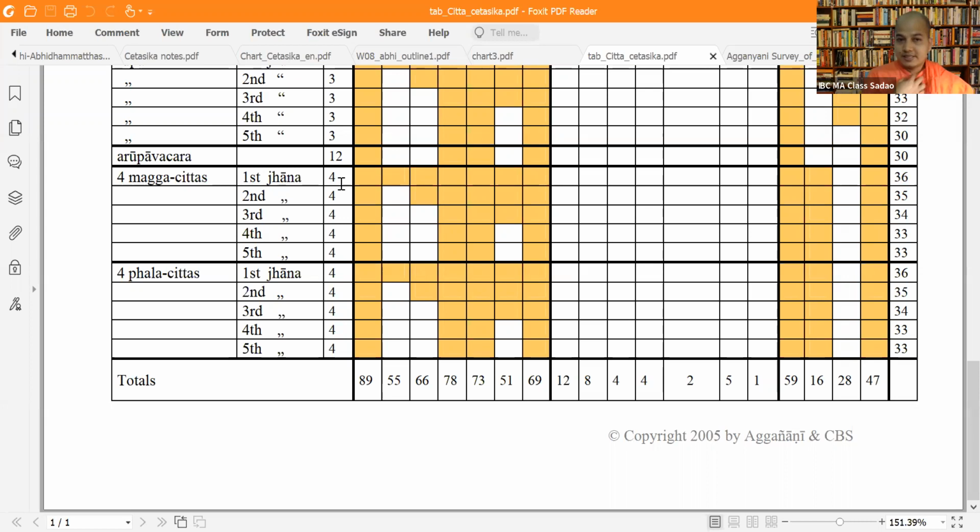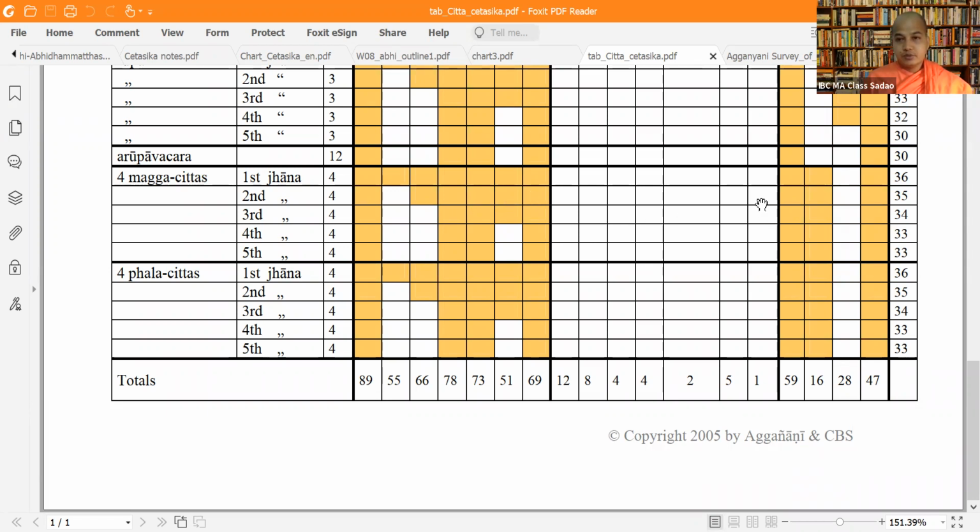Similarly, you can look at this chart and find out. In the second Jhana Chitta, again you have 7 universals, but Vitakka is not present here. You have just Vichara, Adimukha, Viriya, Piti, and Chanda.